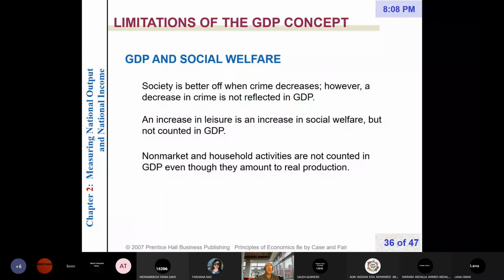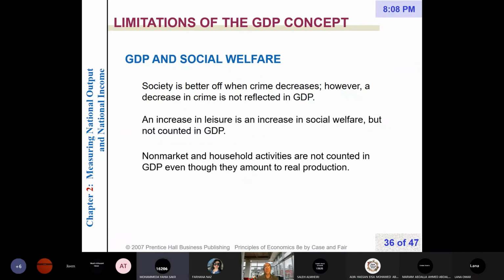Assume gross domestic product in the United Arab Emirates and Greece are equal, but it's not necessarily that the social welfare is equal also. Why? Because there are some limitations of the GDP concept, because there are some matters that cannot be reflected in GDP, but affect social welfare. Let's go with Muhammad Yahya.